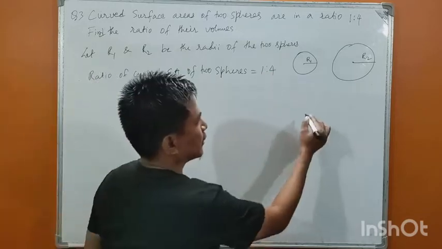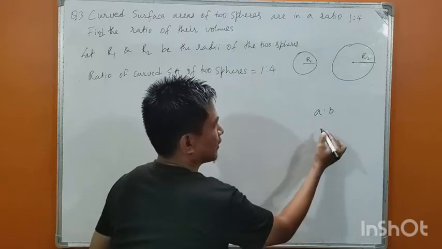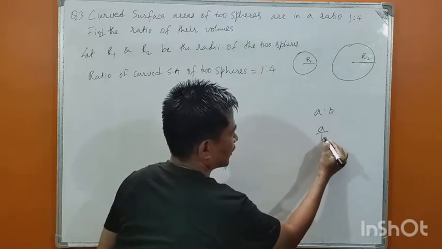And I think you know this. If A is to B, then I can write this in this form, A upon B, isn't it?